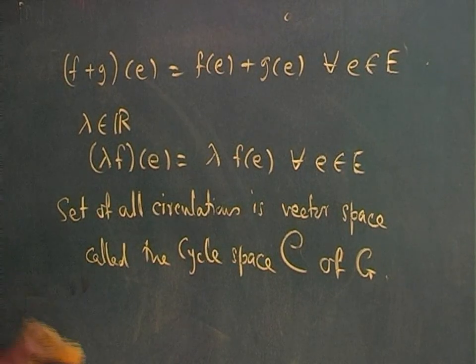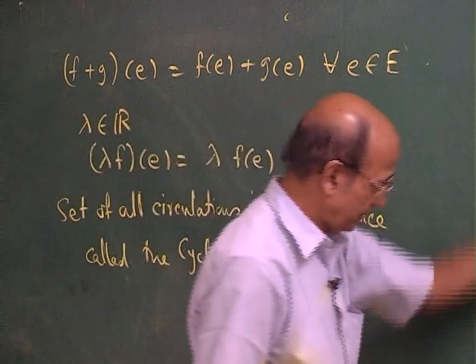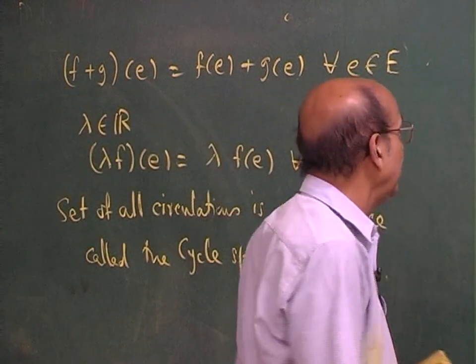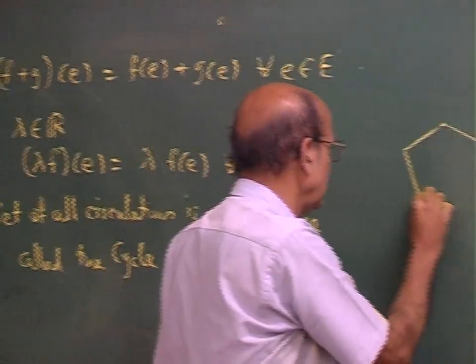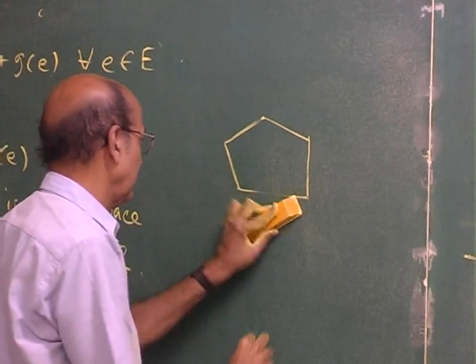There are interesting circulations that one can always work out. Let me give you an idea. Take a cycle. For example, suppose your graph has a cycle.